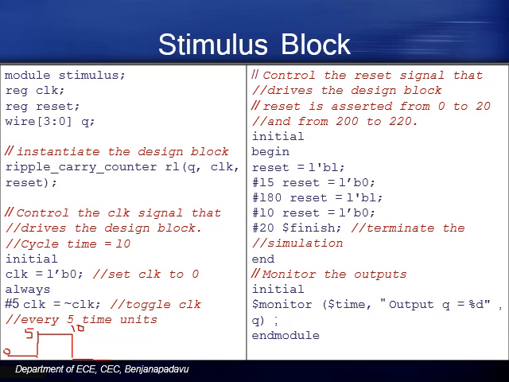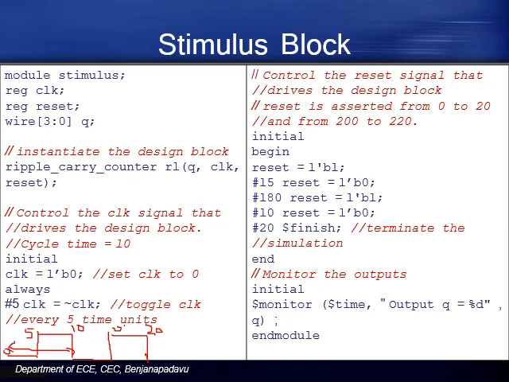Again at 15 it will become equal to 1. Then at 20 it will become equal to 0, and so on. So this is how we generate the continuous train of clock pulses. The cycle period of this clock pulse is 10 time units.